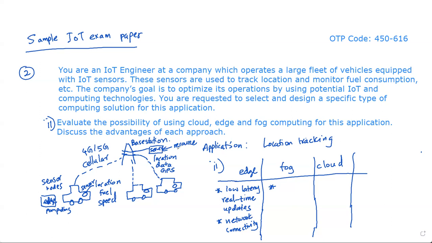The resources means things like processing power and storage. We assume that these are not sufficient compared with fog computing and cloud computing. So in fog computing, the data processing ability is higher than edge computing, right?